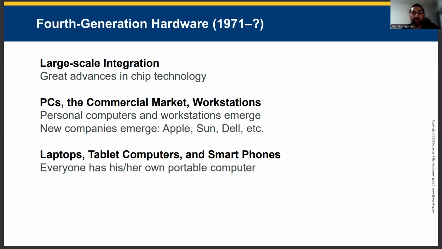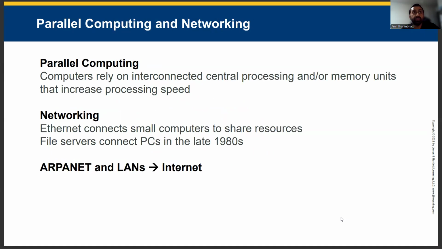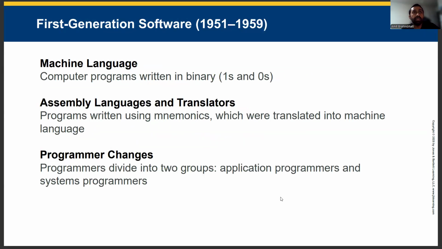Today, we also have parallel computing, multiple cores, and distributed systems, unlocking massive performance for data and AI workloads. Parallel computing and networking, as we talk about ARPANET and LANs in Internet.